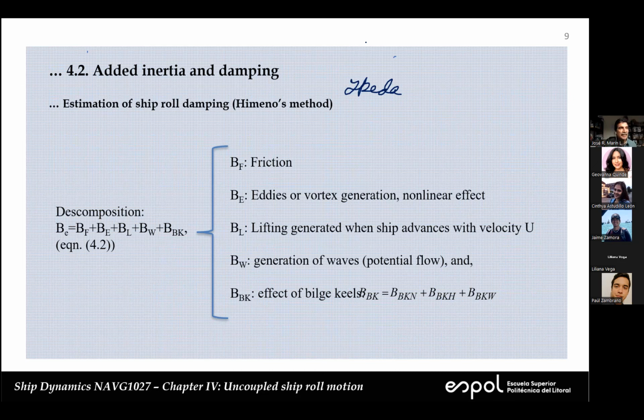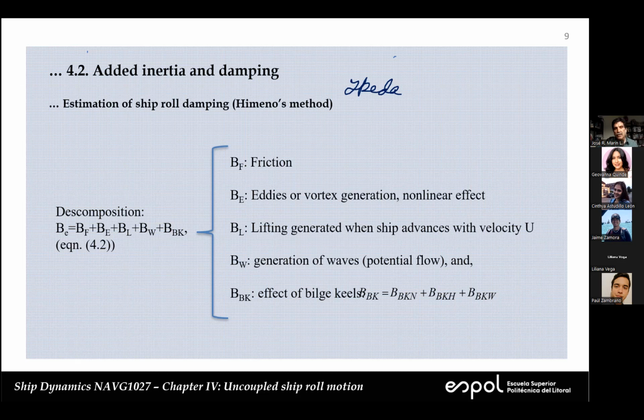And finally, something that we, as naval engineers, should come out from the university thinking: that at least for small ships, bilge keels are necessary, because they increase dramatically the damping coefficient in roll.